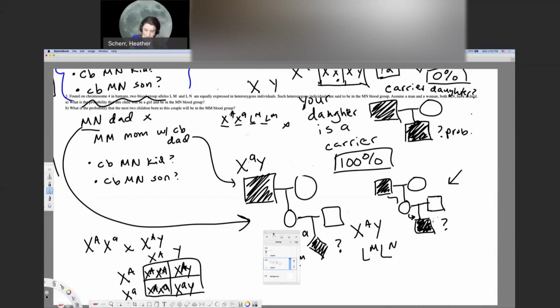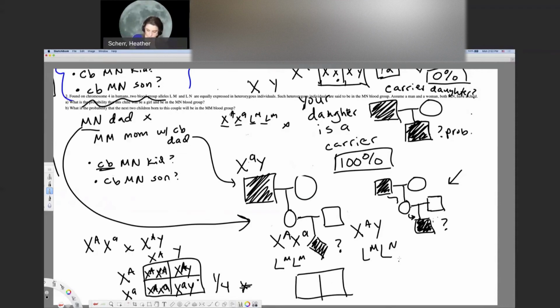Okay, so what's the probability here of your kid being colorblind? So we're looking at colorblind. How many of these have a colorblind phenotype? One out of four. Yeah, just this one. Cross with, or times, your cross here.